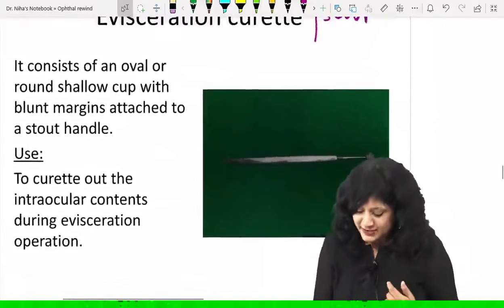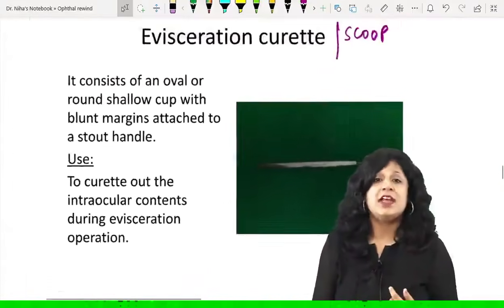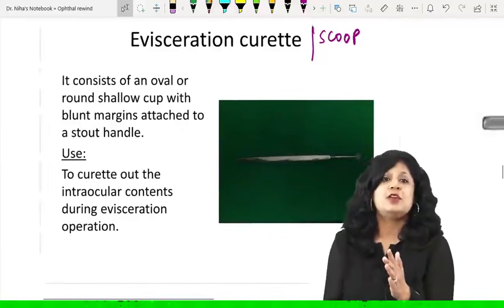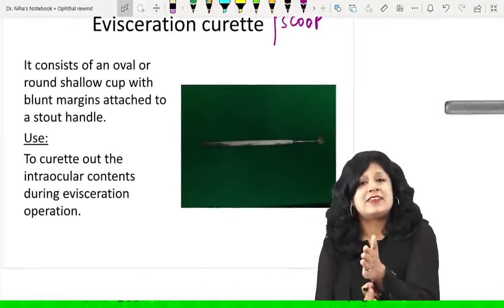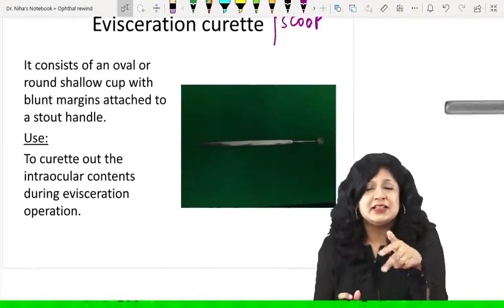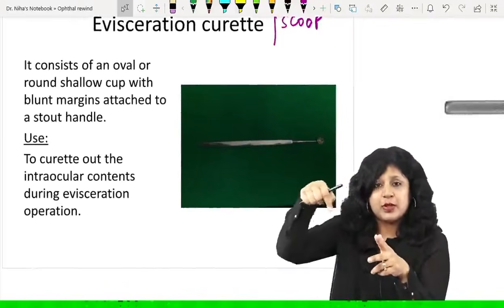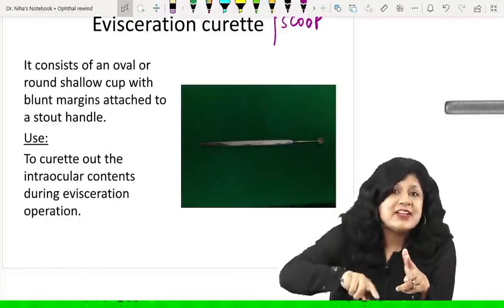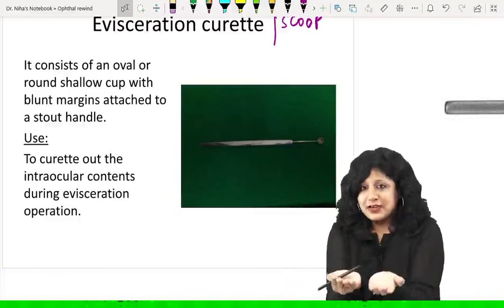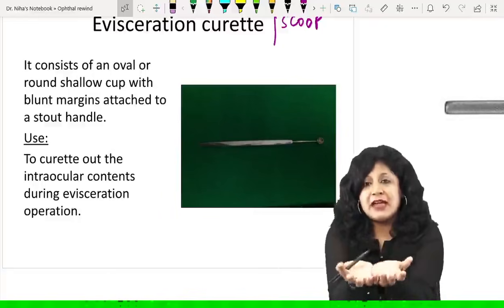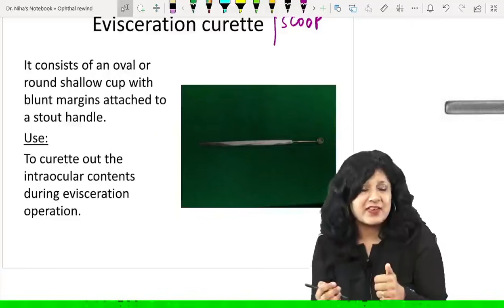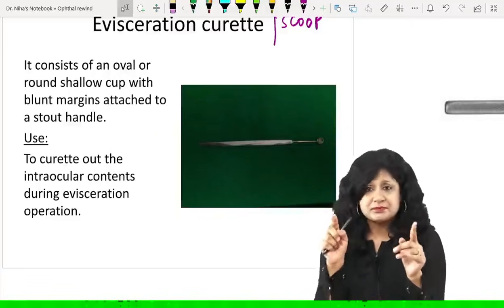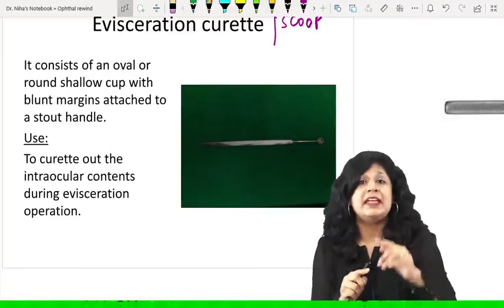Now why are we using a scoop here and why not the spoon? The reason is, what is evisceration? You are cutting the sclera, because there you have to leave the sclera. In the enucleation you are taking out the whole of the eyeball and you are engaging the optic nerve. But in cases of evisceration we are actually giving an opening in the outer coat.